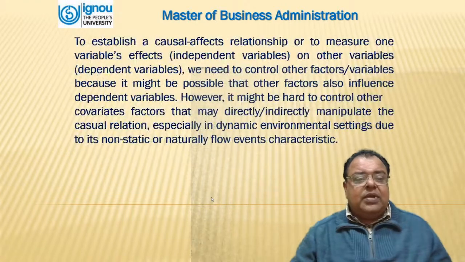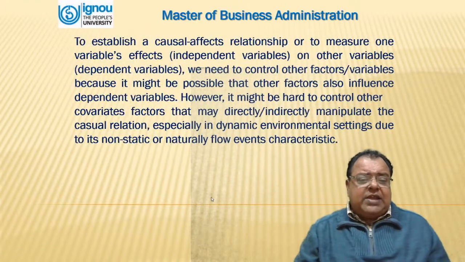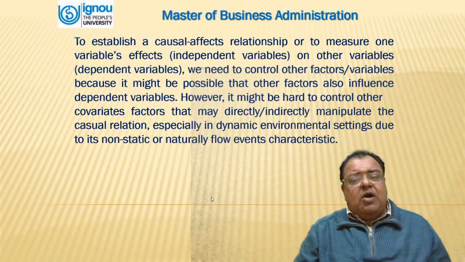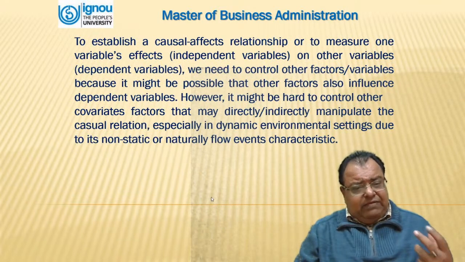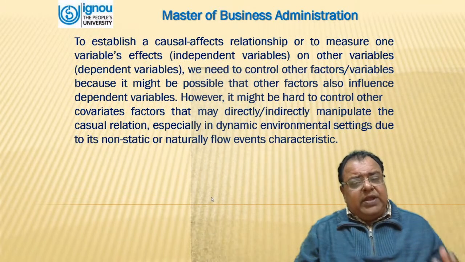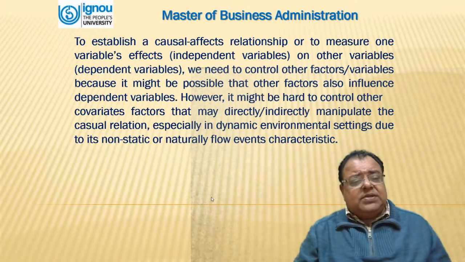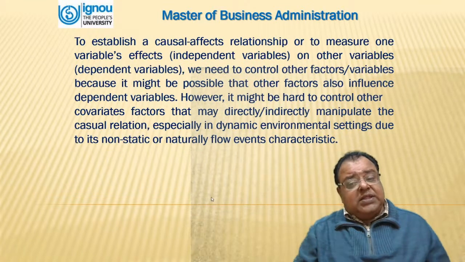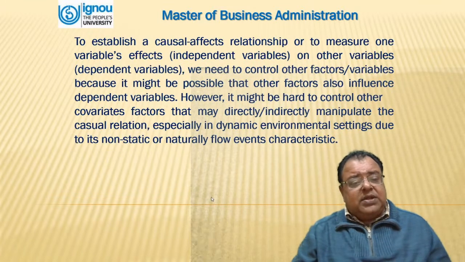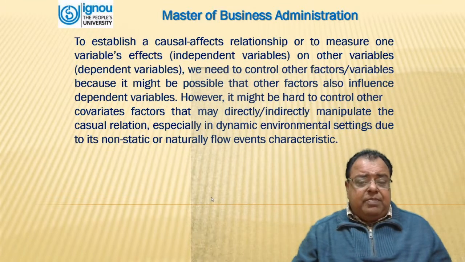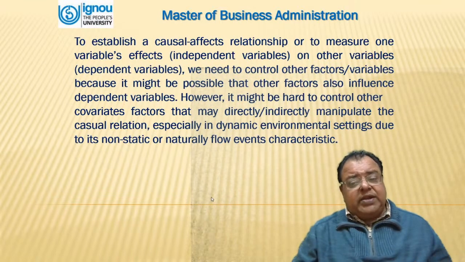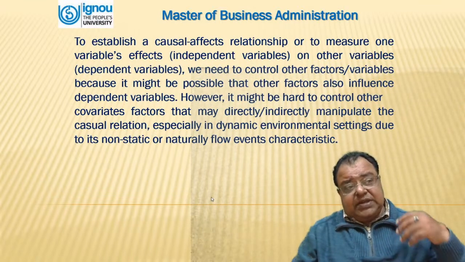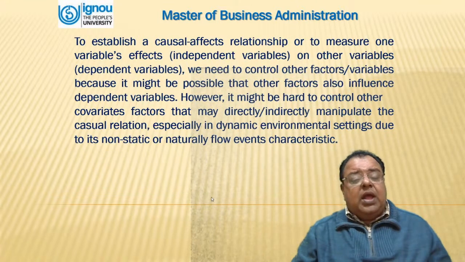other. To establish a causal relationship, or to measure one variable's effect, independent variables, on the other variables, that is, dependent variables, we need to control other factors or variables because it might be possible that other factors also influence dependent variables.